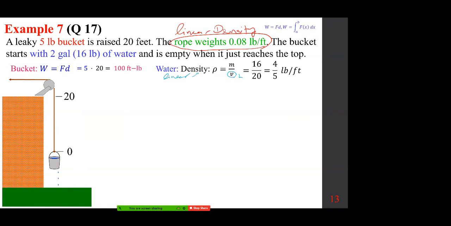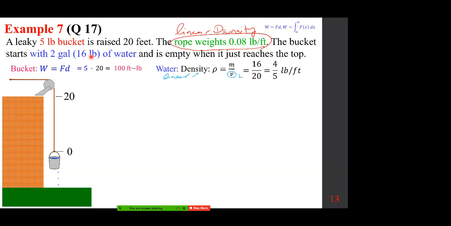Up and down, which means every foot, we have 4/5 of a pound, 0.8 pound of water. That's the idea. If you multiply 0.8 by 20, you have a total of 16 pounds. So please understand this times 20 feet gives us the total weight of 16 pounds.